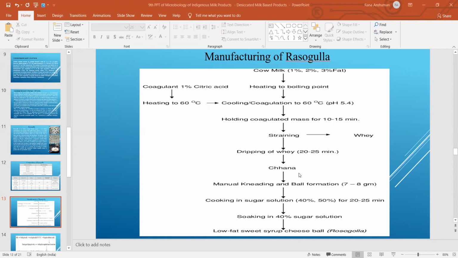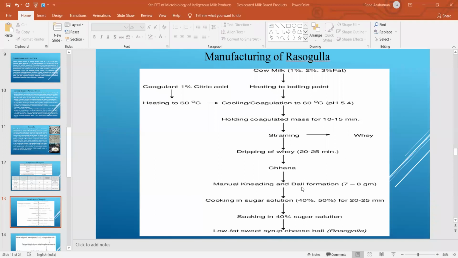And sometimes people use manual kneading and ball formation of 7 to 8 grams. But nowadays, several different kinds of automatic machines are available. You can just purchase these machines which people are using for ball making purposes. Thereafter, you have to cook these balls in sugar solution, and the sugar solution range is between 40 to 50% level, and you have to keep the ball inside that sugar solution for 20 to 25 minutes.